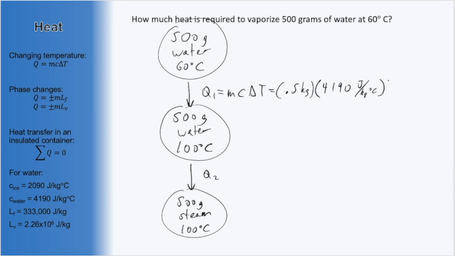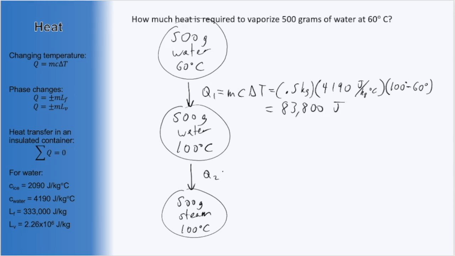And finally, multiply by my change in temperature, which is always calculated by doing final temperature minus initial temperature. So final will be 100 degrees in this case, minus initial was 60. Doing this calculation, I end up getting a Q1 of 83,800 joules.